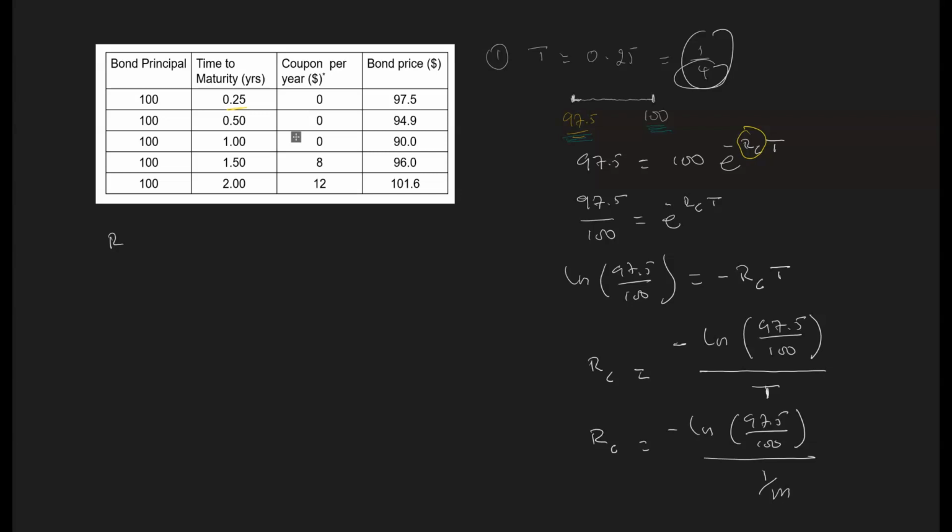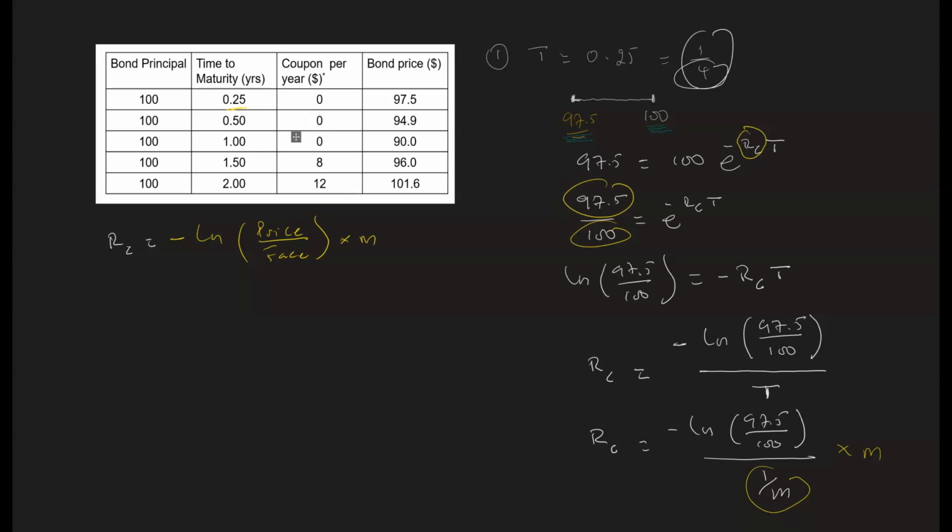If we generalize, the realized compound rate is going to be equal to minus the log of the price divided by face value, and then we multiply by m, because when you divide by 1 over m, you might as well multiply by m.